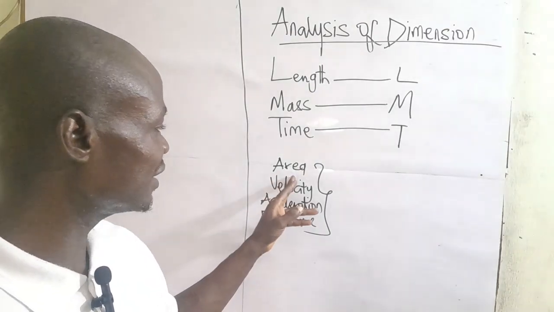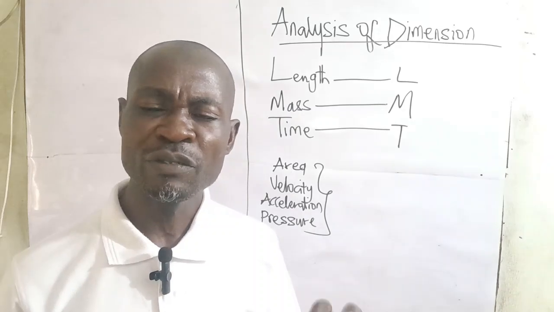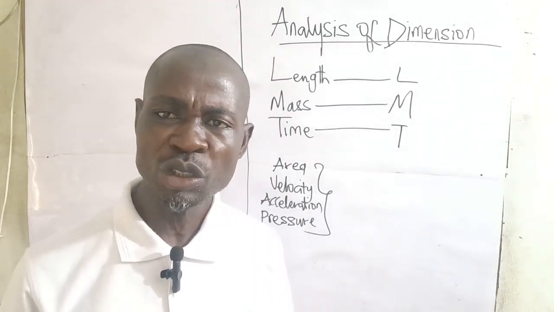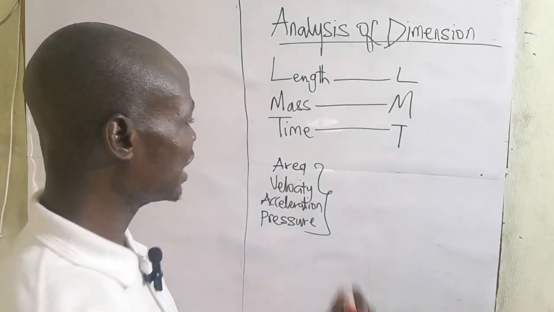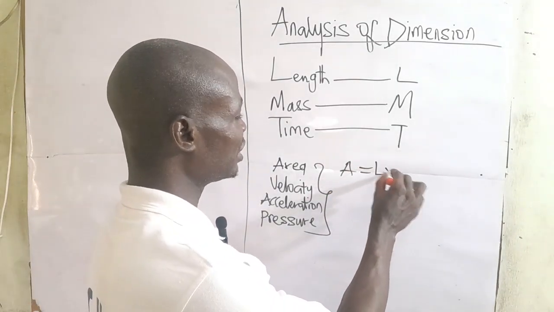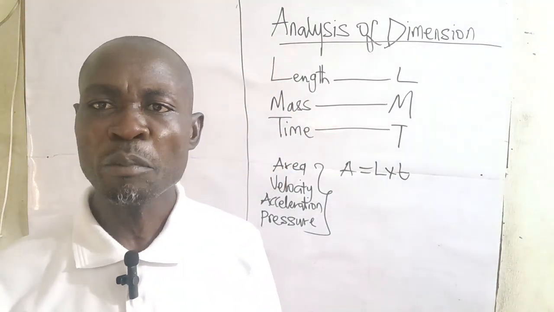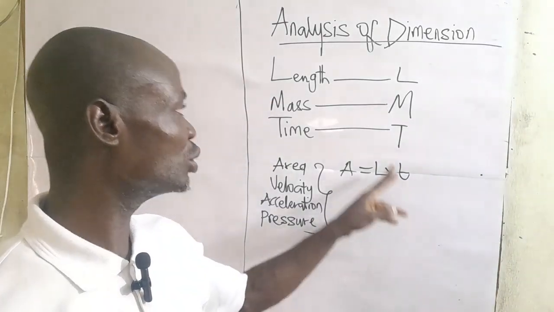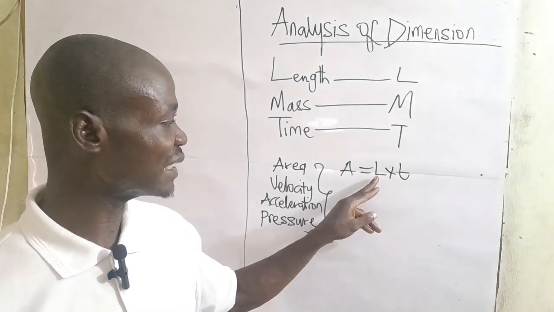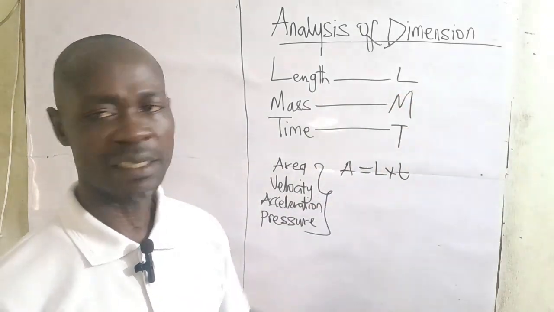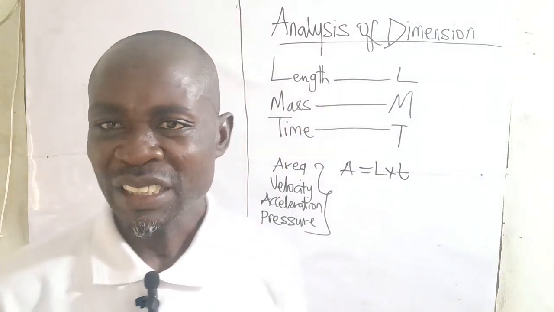Now, let us analyze area. What is the dimension of area? Before you can answer that question, you must know the definition of area. Already we know that area is equal to length multiplied by breadth. So how do we bring down this length and breadth? L is already here, but B is not. But we know that breadth is equally a length, just a shorter length.